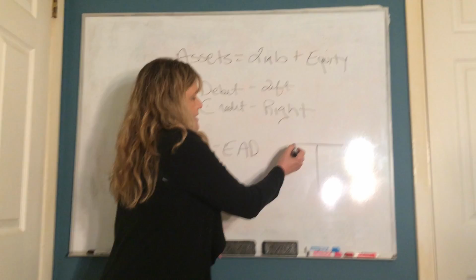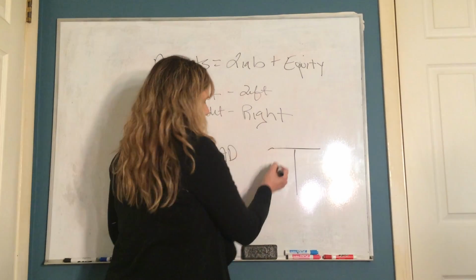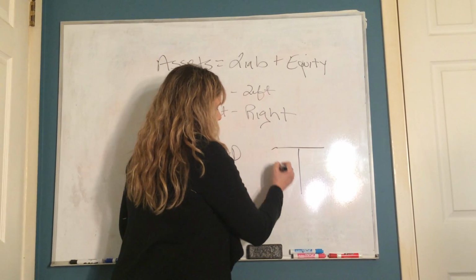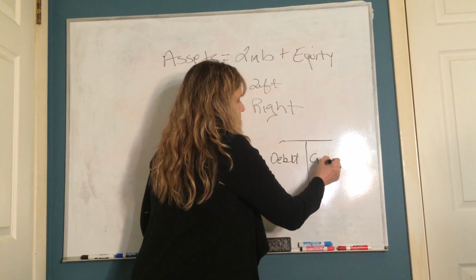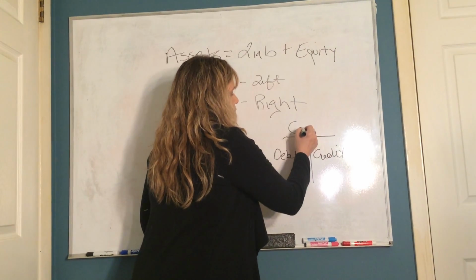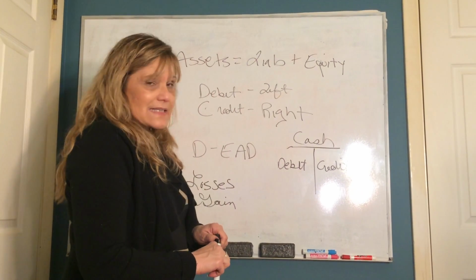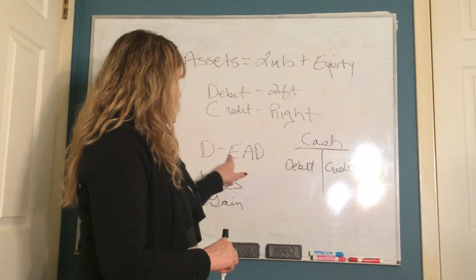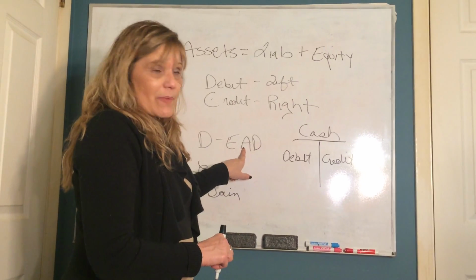Just so you know, the way a T account works is you put the different account names on it. Remember, left means debit. So this is our debit. Right means credit. This is our credit. So for example, if I wanted to use the account cash, cash is an asset account. According to this term, remember, DEAD, assets increase with a debit.